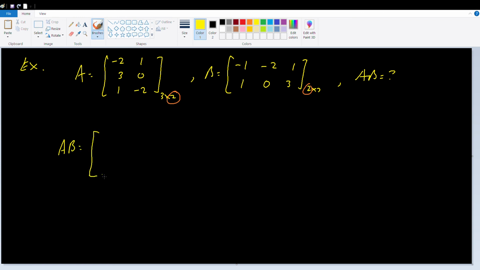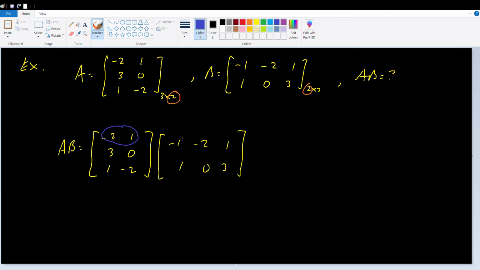So let us rewrite the matrices. Negative 2, 1, 3, 0, 1, negative 2, multiplied to negative 1, negative 2, 1, 1, 0, and 3. We'll start with the first row, multiply to the first column. So what do we get? Negative 2 times negative 1 plus 1 times 1.